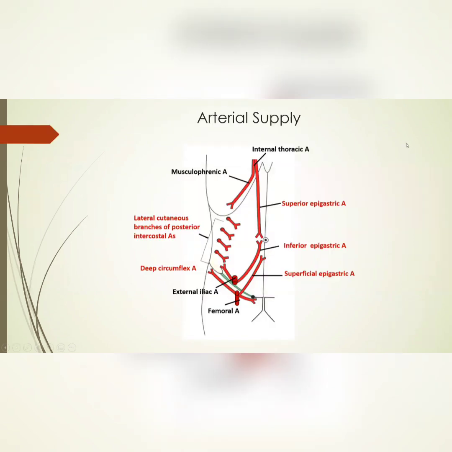Arterial supply of the anterior abdominal wall, you can just learn it on your own. Superior epigastric, branch of internal thoracic. Inferior epigastric artery, which is the branch of external iliac. These are the two most important arteries. There are smaller branches as well, such as branches of posterior intercostal arteries.